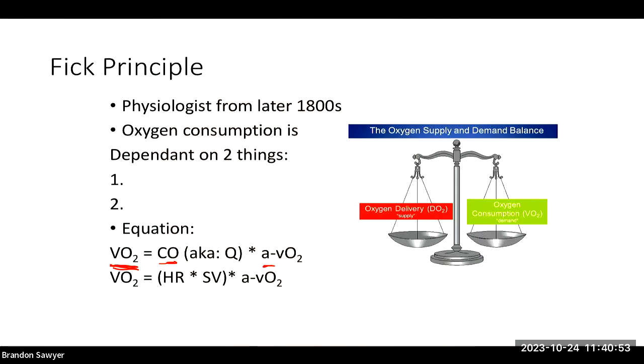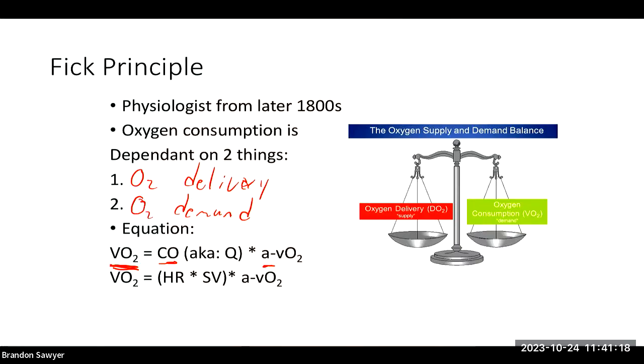But really, cardiac output is representing our oxygen delivery, because this is how much blood we're sending out. And then that AVO2 difference is representing how much oxygen our cells or our tissues are demanding from the blood, how much oxygen is being extracted from the blood.